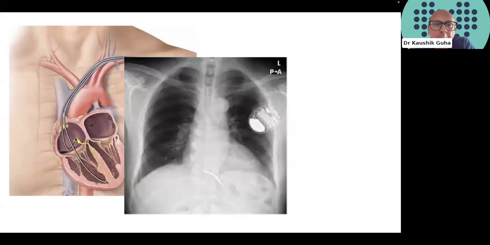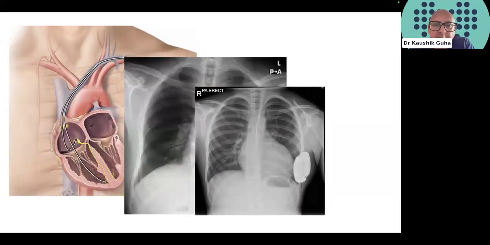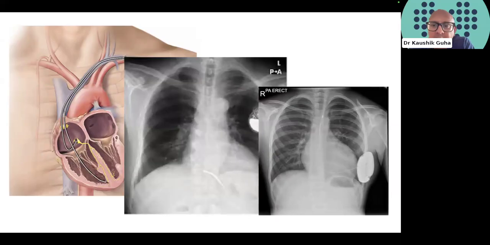So therefore, we know that this patient has a single lead ICD within them, which is of transvenous type. And this is a subcutaneous type whereby the lead is not within the veins, but is actually tunneled above the sternum. So the lead exits near the axilla and the can sits inside the axillary pouch.